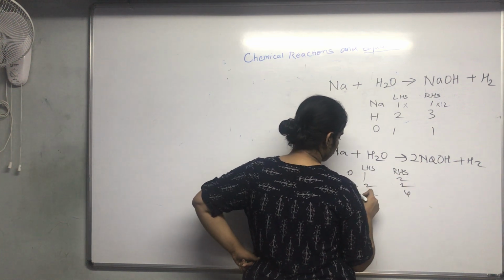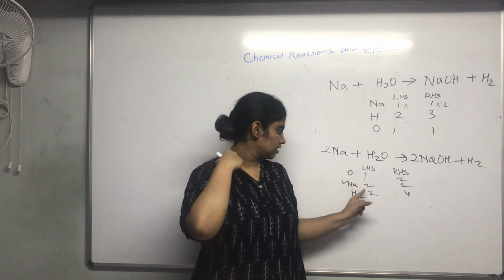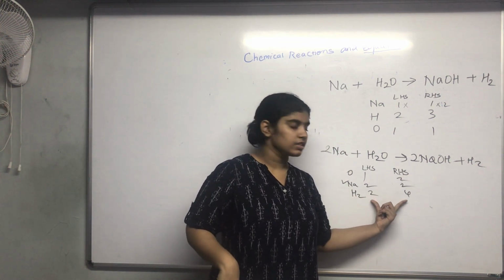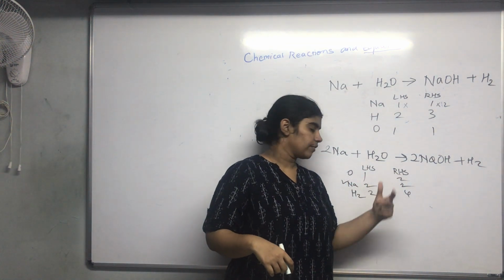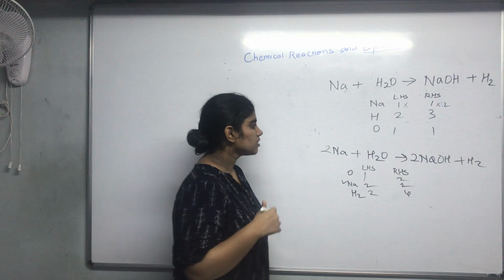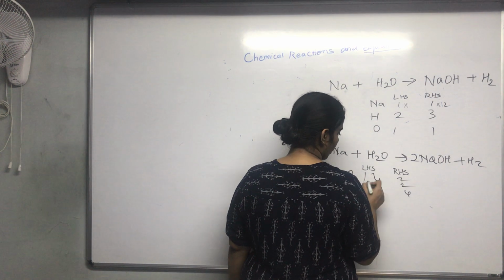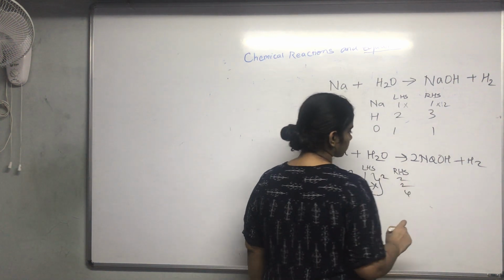So if you notice, this is exactly half of this, while this is exactly half of this. So in such conditions, you multiply this side's O and H, not Na, by 2.